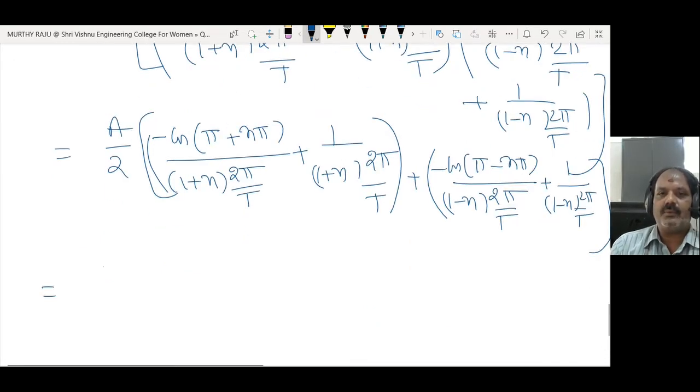That is equal to a by 2. Cos pi plus n pi is cos 180 plus theta, which is minus cos theta, minus cos n pi, minus into minus plus.